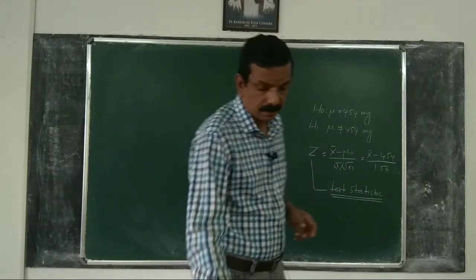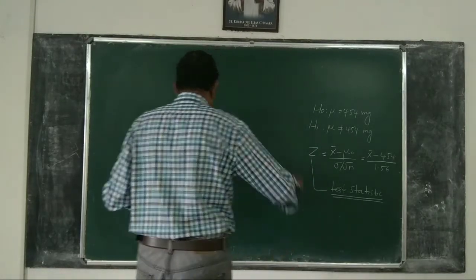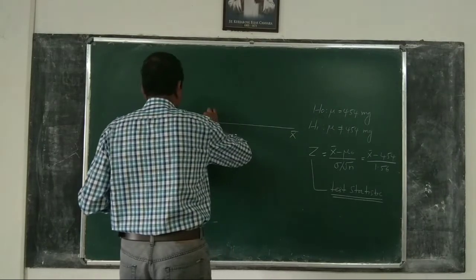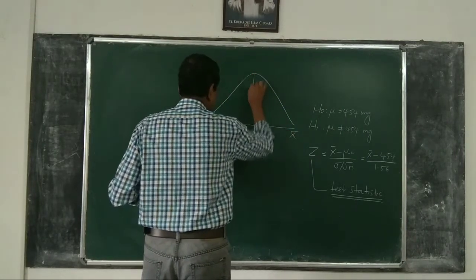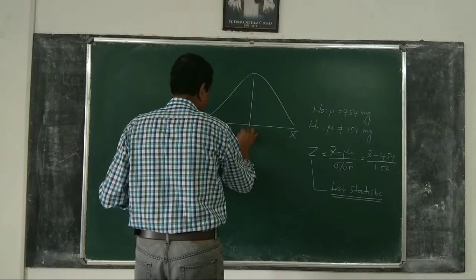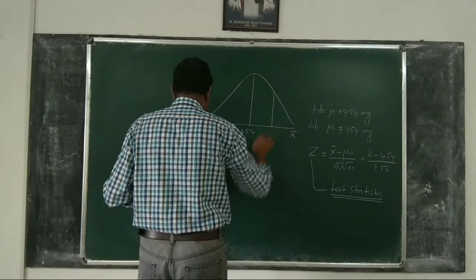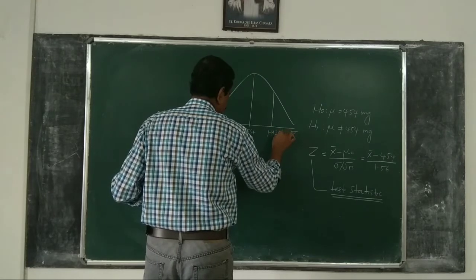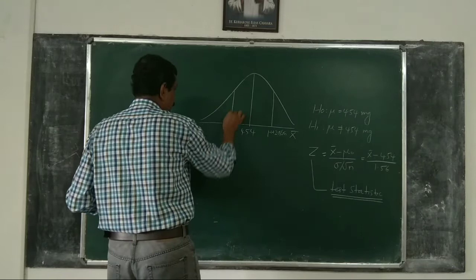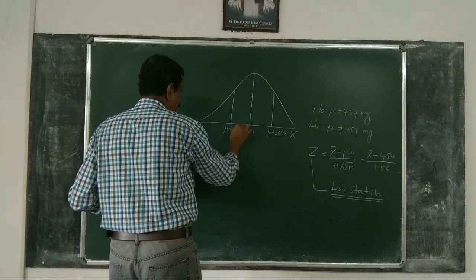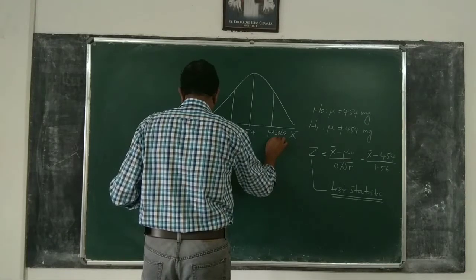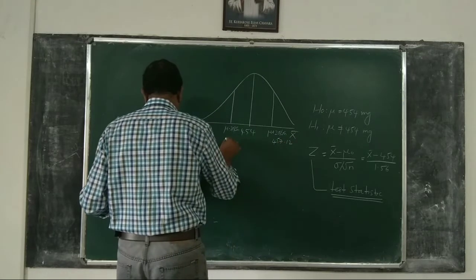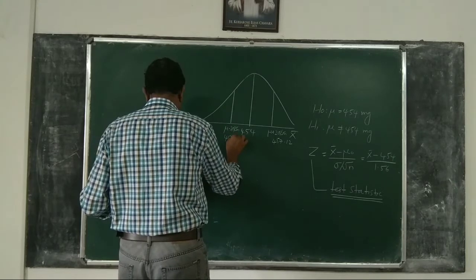In the previous example, the distribution of x bar was, as we have discussed in the last class, this: 454 is the center, this is the value mu plus 2 sigma by root n, and this is mu minus 2 sigma by root n, and this value was 457.12 and this value is 450.88.